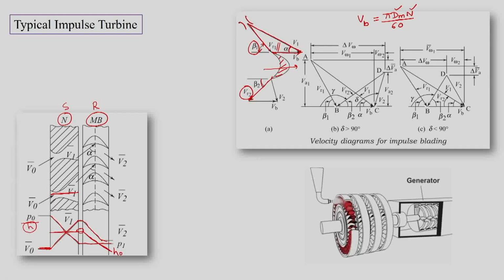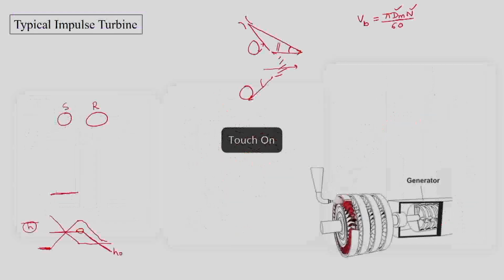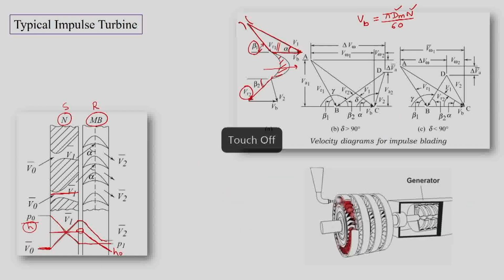Basically, if we go back and see, we are trying to do the analysis on this plane. In this plane we are trying to do the inlet velocity triangle here and the outlet velocity triangle here. Since we are on the same plane, we have the same Vb which exists at the inlet.